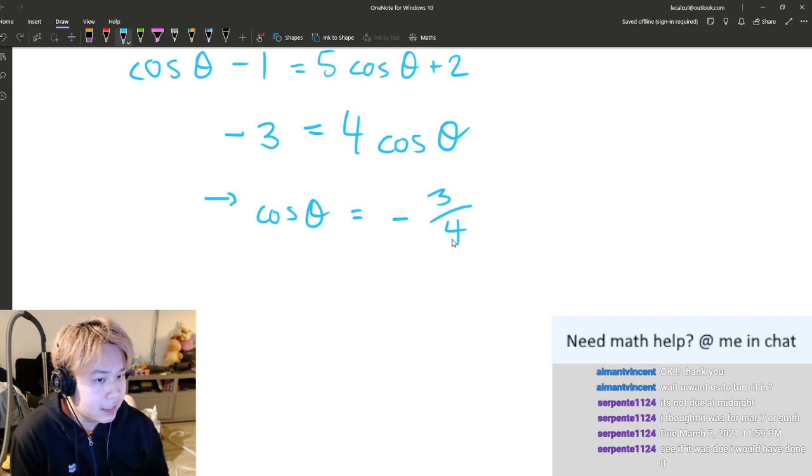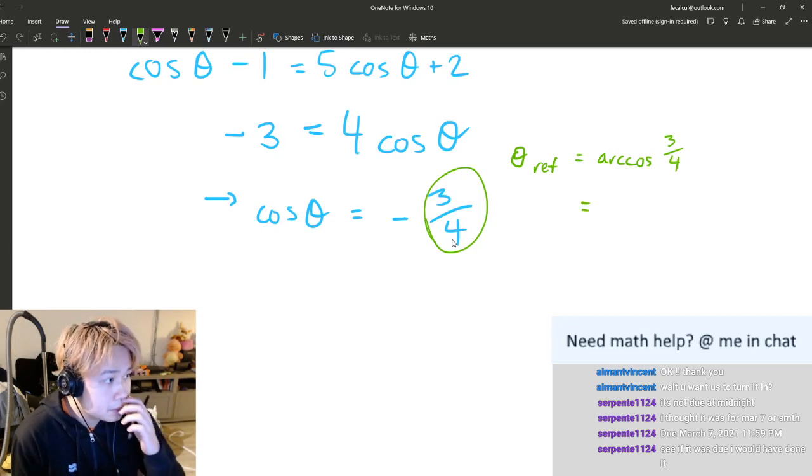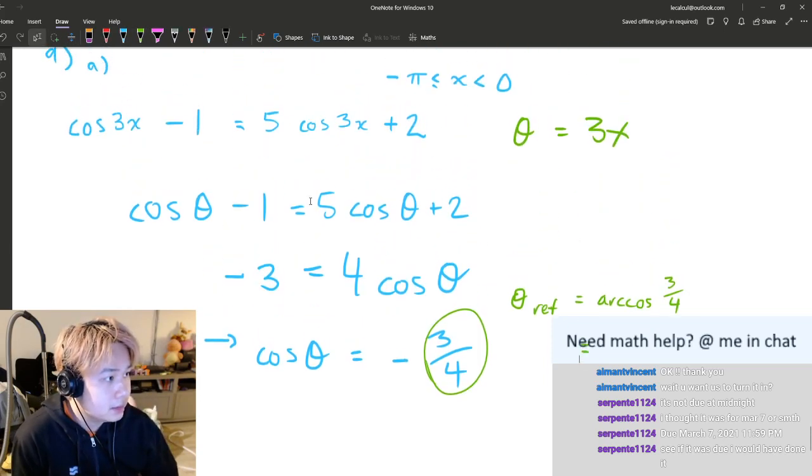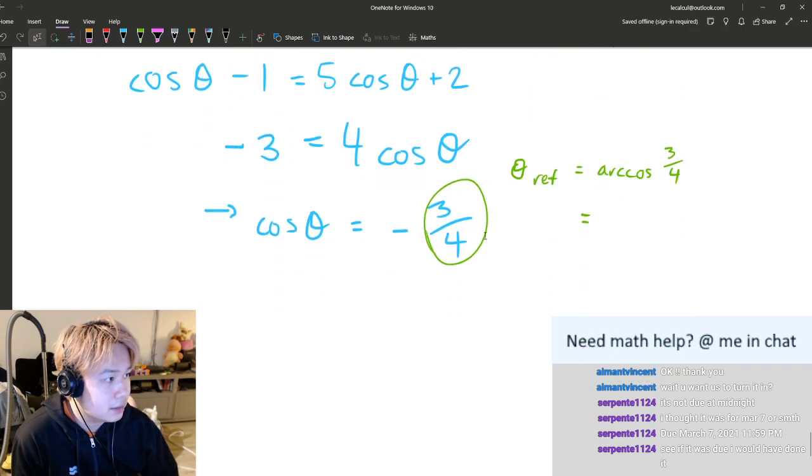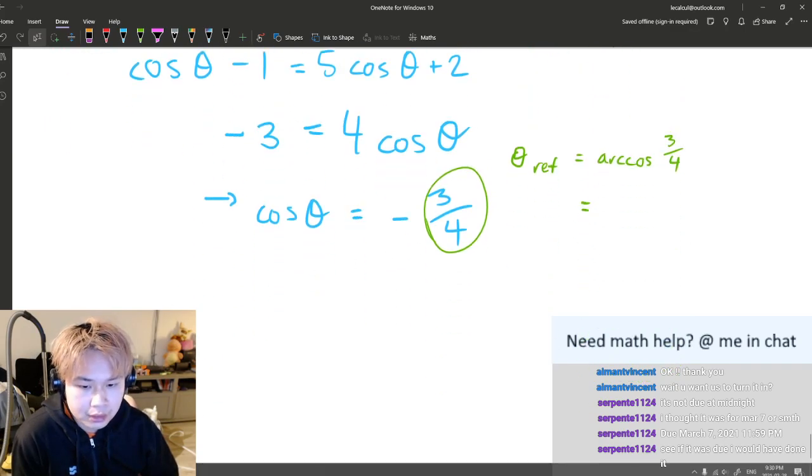Now, of course, this is not a special triangle, so we are going to use inverse cosine to get the reference angle. And this question is in radians, so just make sure that you are in radian mode.